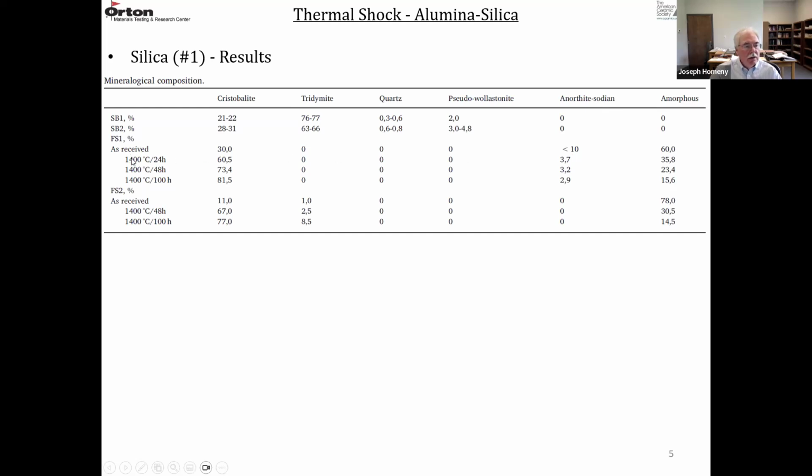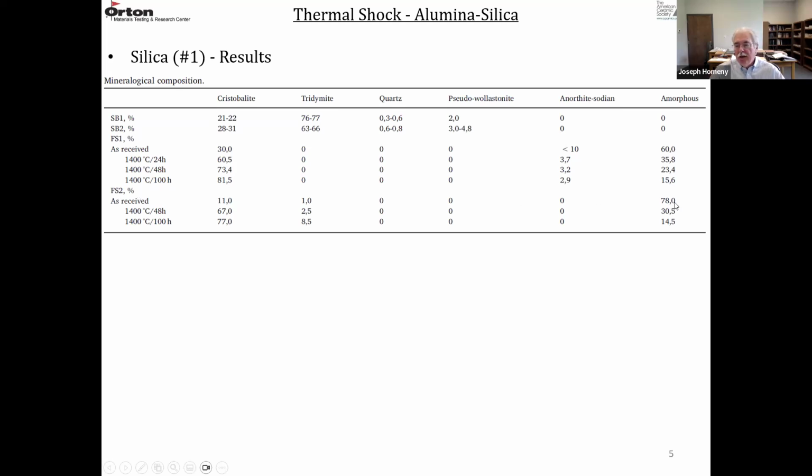So as they increase these times at 1400, they did 24 hours, 48, and 100. The cristobalite content goes up to about 80%. The amorphous content drops to about 15%. And FS2 had about 11% cristobalite and a little tridymite present.